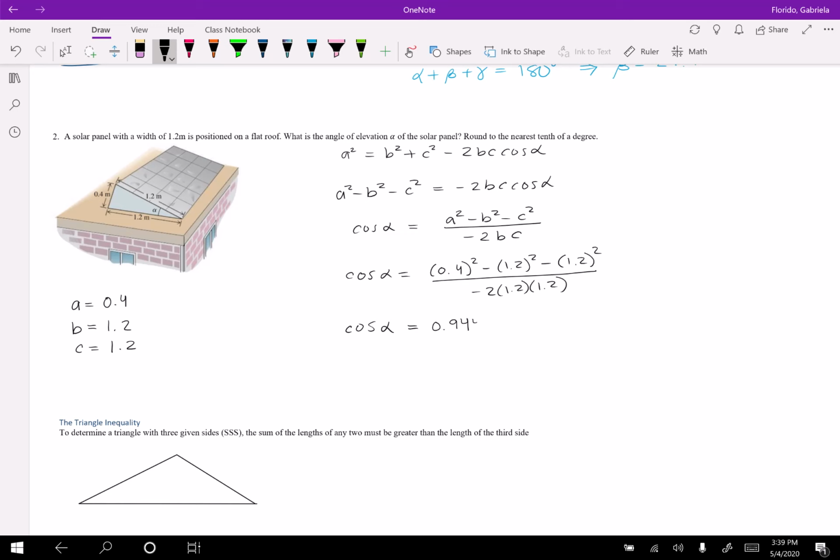And so if we take the inverse to actually find alpha, we get that alpha is equal to 19.2 degrees. And so we found that the angle of elevation alpha for those solar panels is 19.2 degrees.